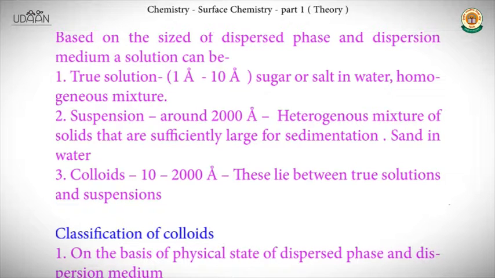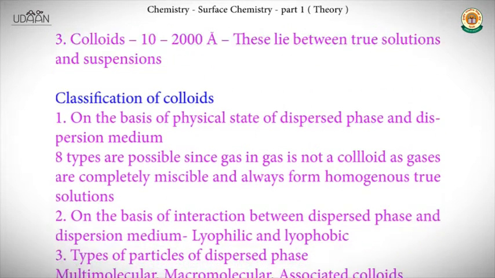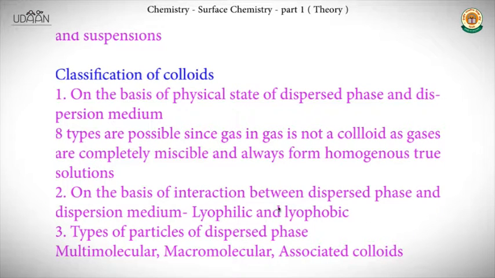Now we look at the classification of colloids, and there are different bases on which colloids can be classified. For example, on the basis of physical state of dispersed phase and dispersion medium. So we have gas, liquids, and solids. So there can be various combinations.